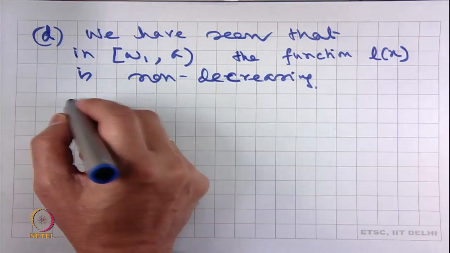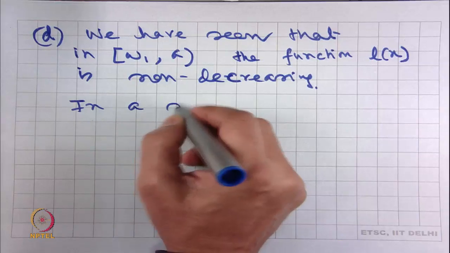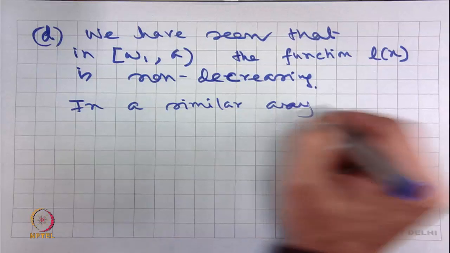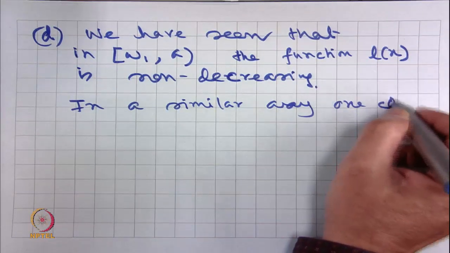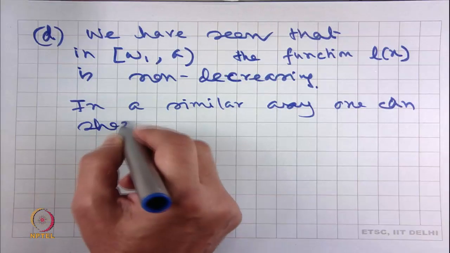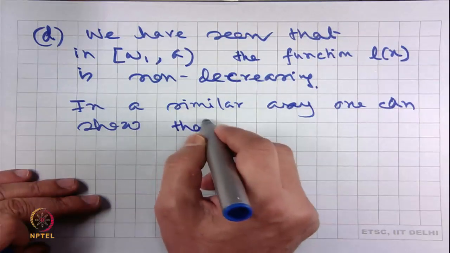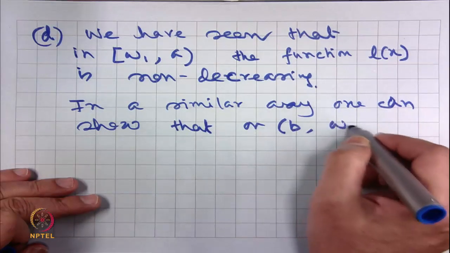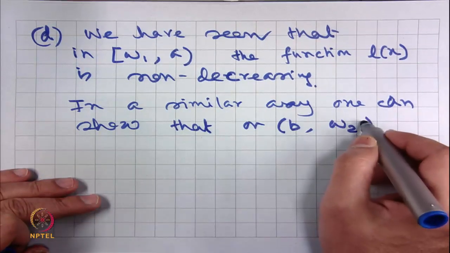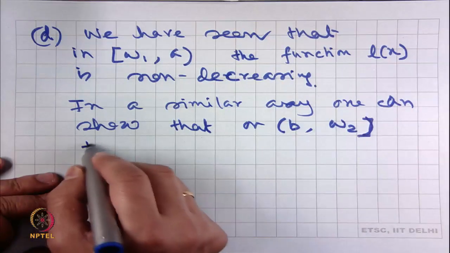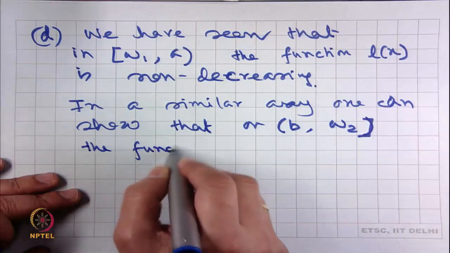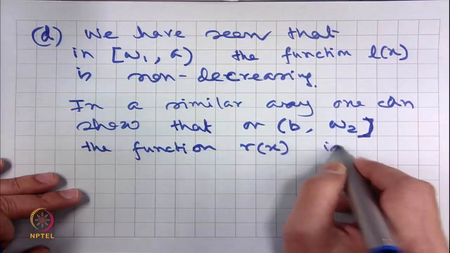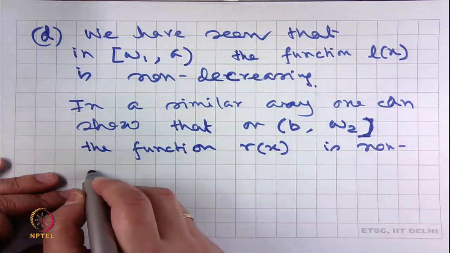In a similar way, one can show that on B to w 2 the function R x is non increasing.